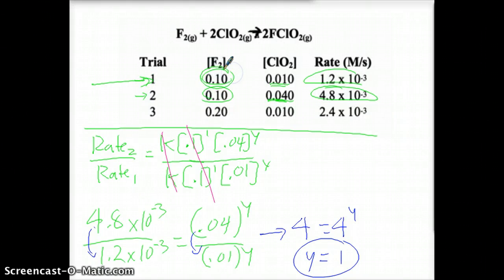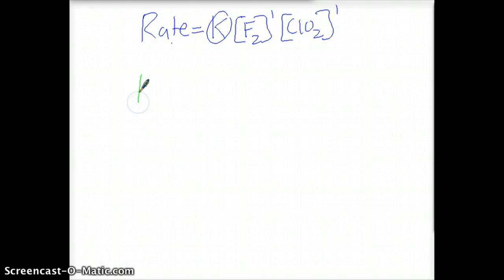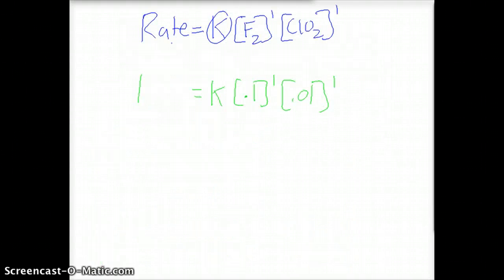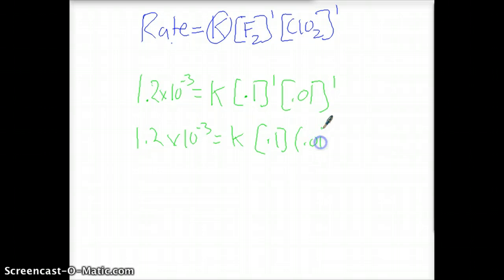So the concentration of F2 was 0.1. So I'm going to write K times 0.1 to the 1. Concentration of ClO2, 0.01 to the 1. And the rate in trial 1 here, 1.2 times 10 to the negative third. So I'm going to write 1.2 times 10 to the negative third. This is just basically algebra at this point. I just have to solve for K. So I have 1.2 times 10 to the negative third equals K times 0.1 times 0.01.